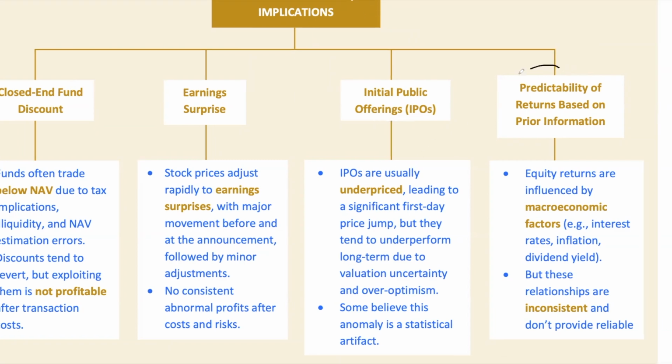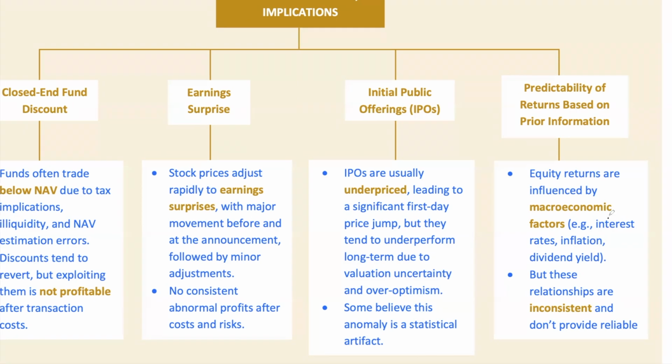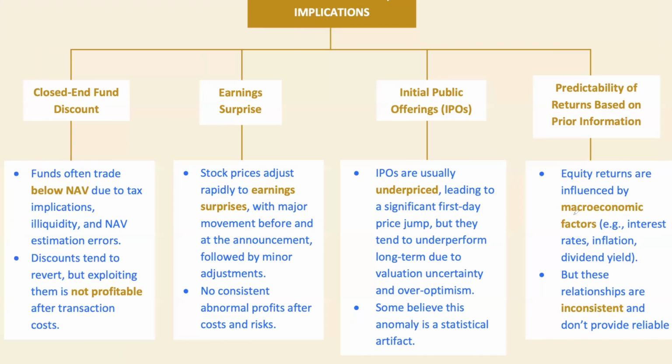And finally, there's this idea that stock returns are predictable based on things like interest rates, dividend yields, or inflation. While relationships do exist, they're not reliable enough to build a strategy on. And again, once costs are considered, the edge disappears. Does that mean the market is inefficient?